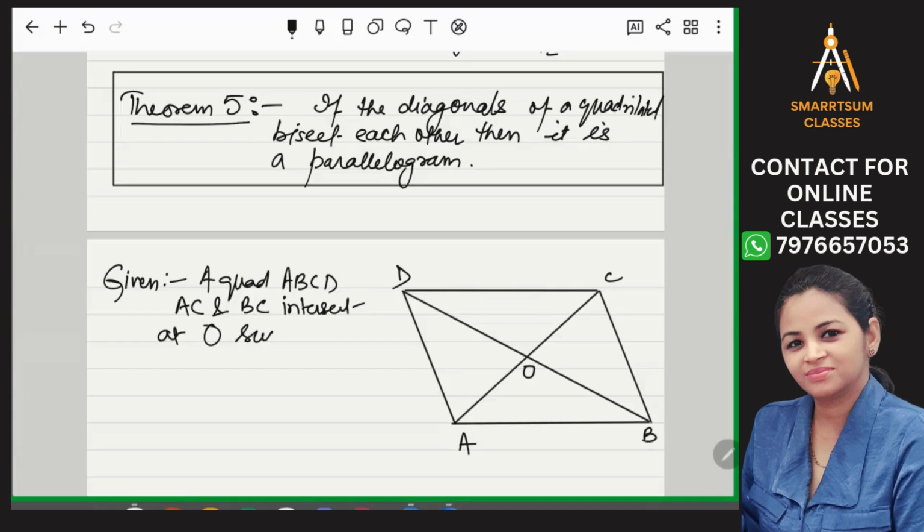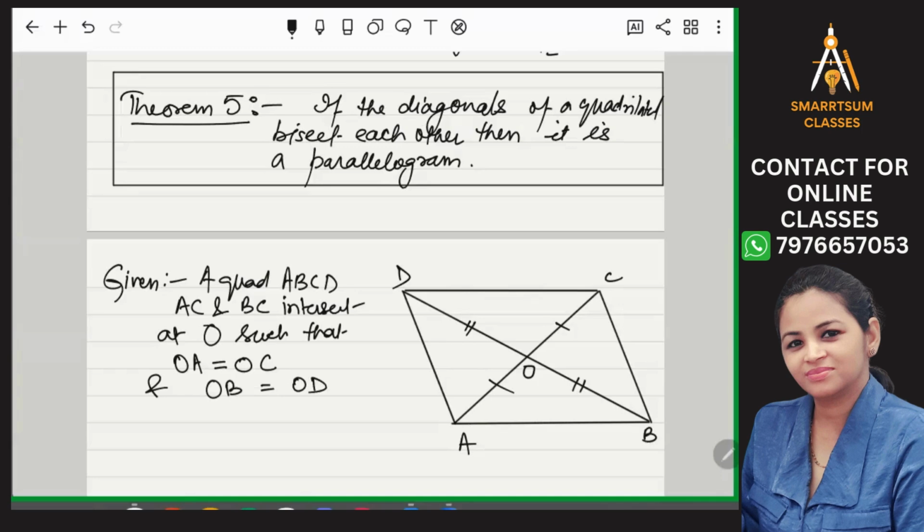And how are they intersecting? Such that they are bisecting each other. Means OA is equal to OC, this is equal to this, and OB is equal to OD, this is equal to this. So they are intersecting each other in such a way that they are equal.